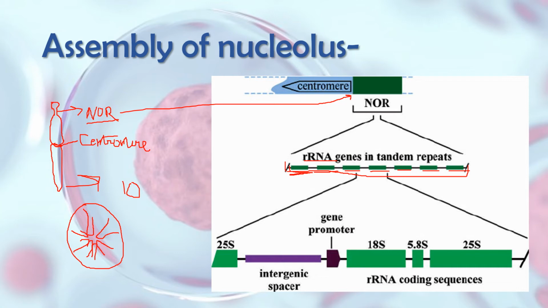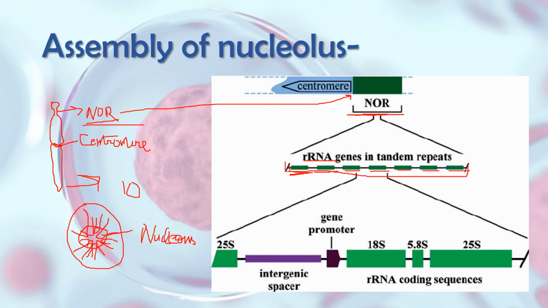How many? 1, 2, 3, 4, 5, 6, 7, 8, 9, 10. So this particular region is our nucleolus, which is formed by the junction of 10 such NORs.